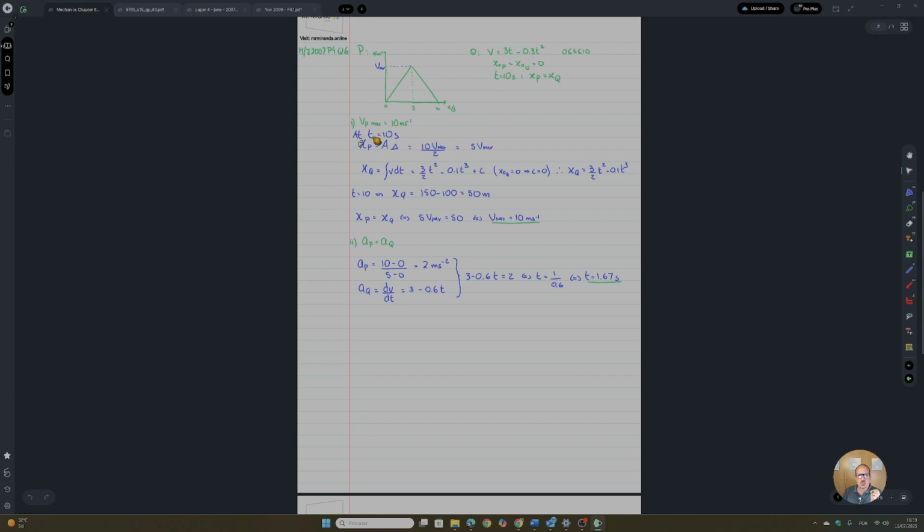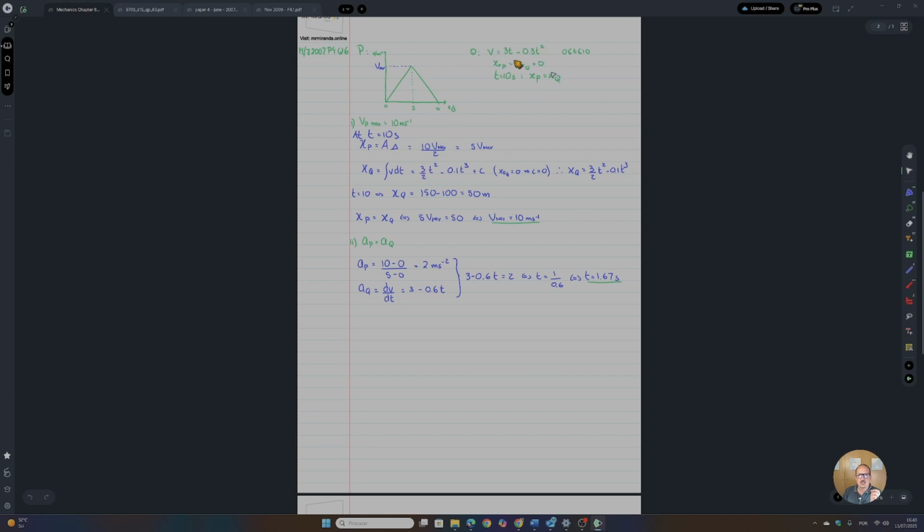We know that when t equals 10 seconds, the displacement of P is given by the area of this triangle, which is the base, 10, times the maximum velocity, that's the thing that we want, divided by 2. So basically it's 5 times the maximum velocity that we need to calculate. But we know that this displacement is the same as for Q at the end of 10 seconds, right?